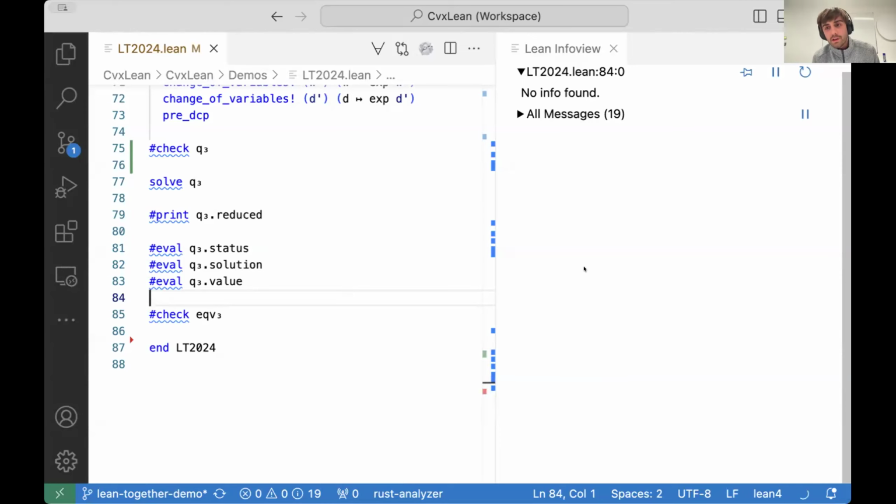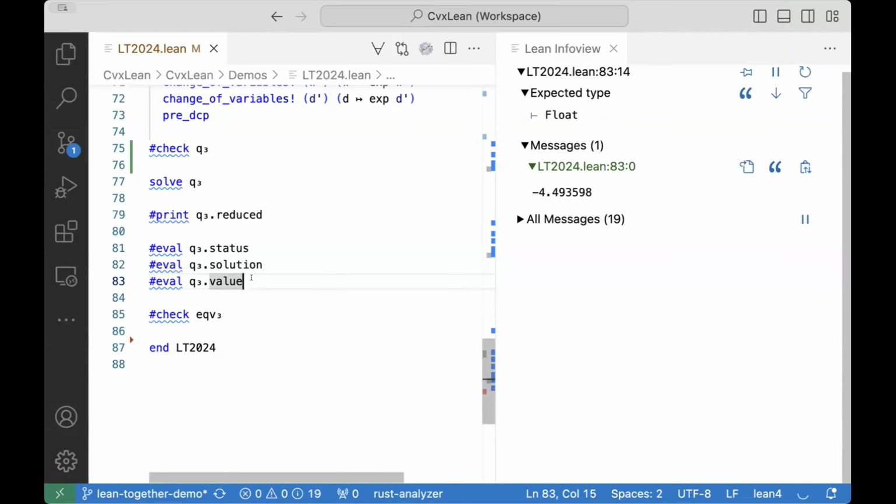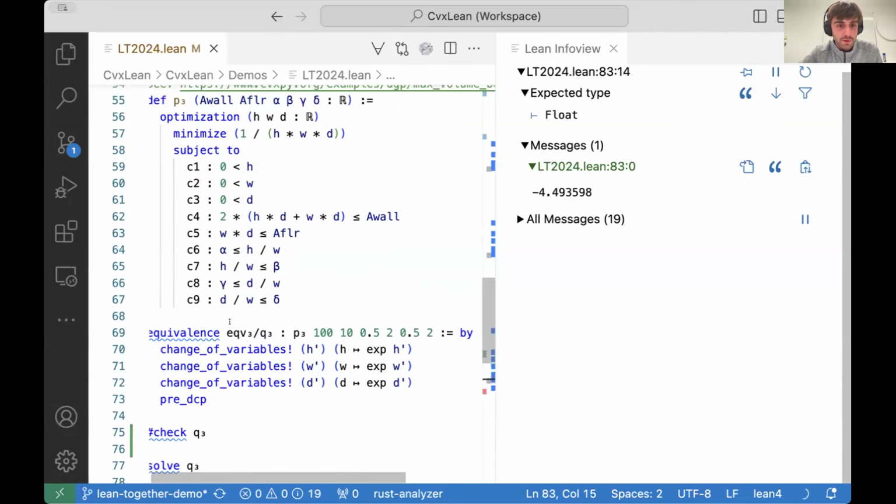So an equivalence is forward and backward maps from the domains of the optimization problems, such that they map feasible points to feasible points and optimal points to optimal points. So when you get this Q3 value, this is actually the wrong solution.